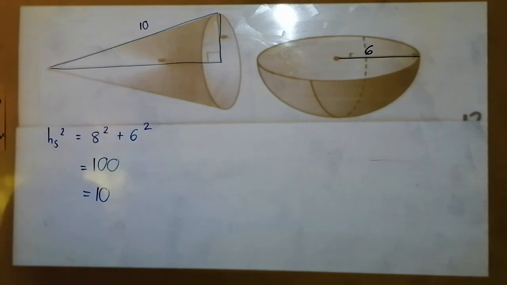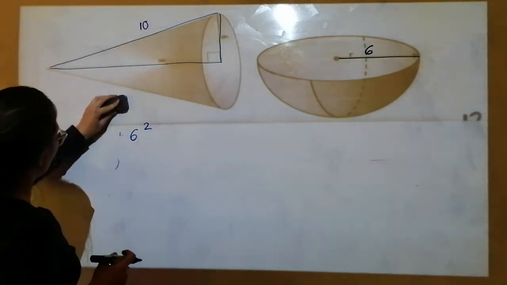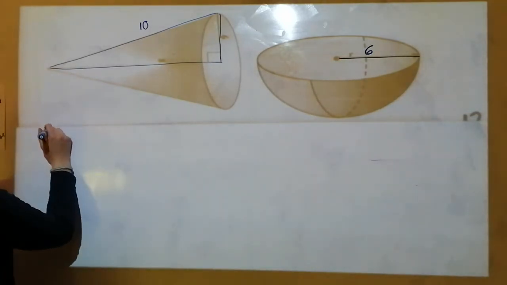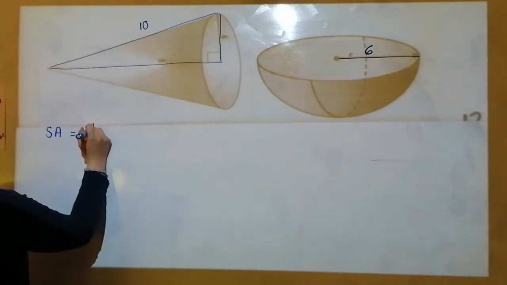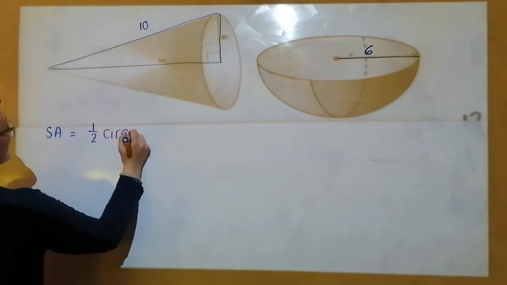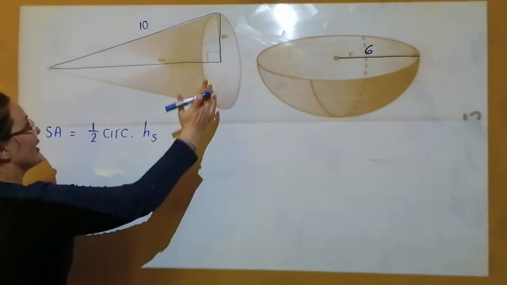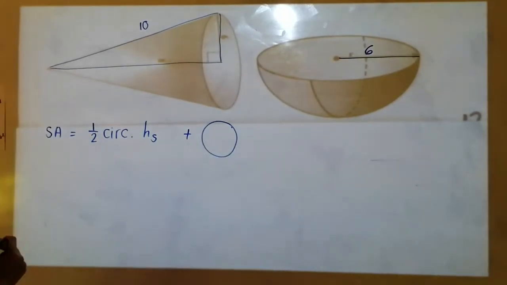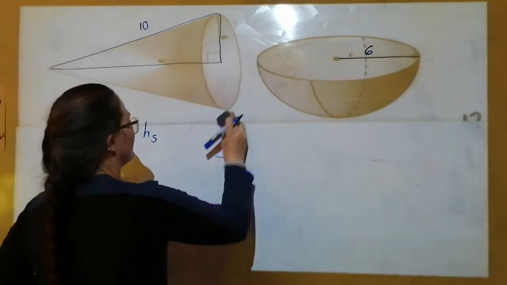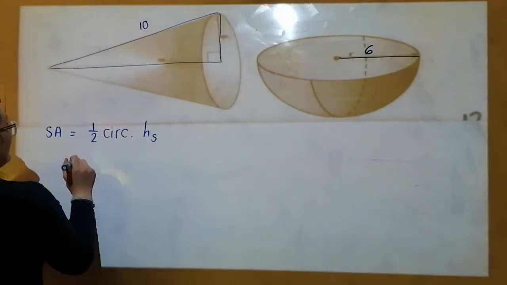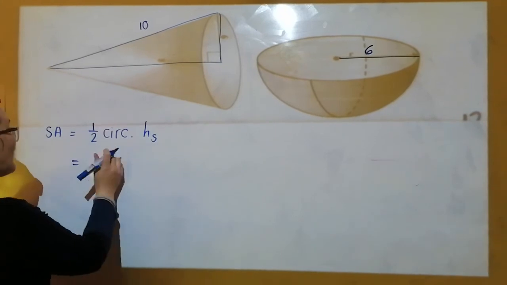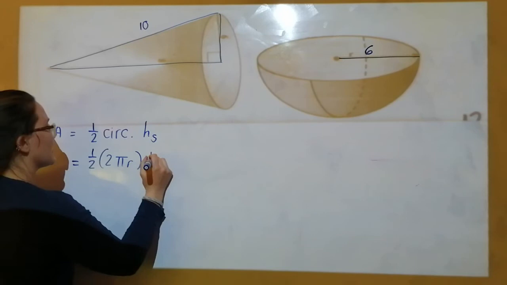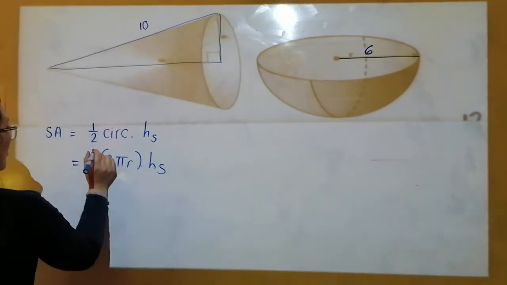I'm going to erase this now because I need the space. And under my cone, it's an open cone, I know that my surface area on my cone is equal to half the circumference times the height slant. If it was a closed cone, I would add on the area of the circle, but it's an open cone, so I don't add on the area of the circle. The circumference is 2 pi r, so I've got a half times 2 pi r times the height slant, and what do I know with this half and the 2?